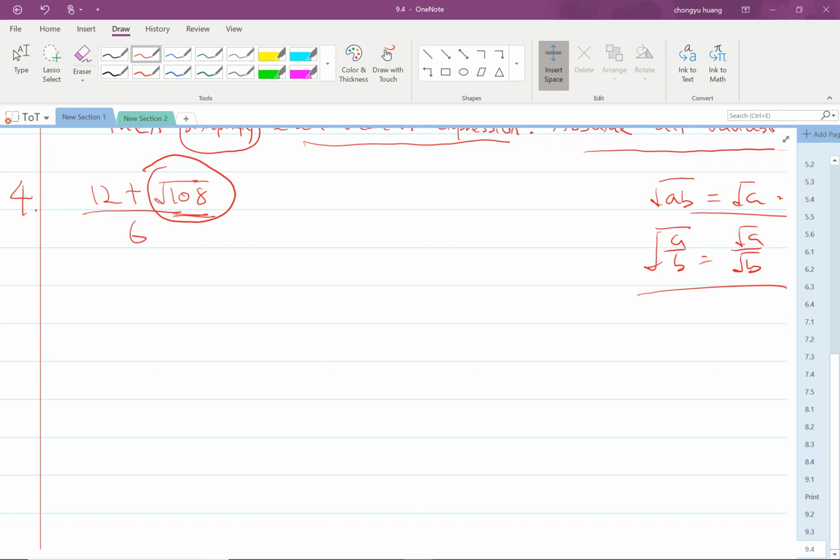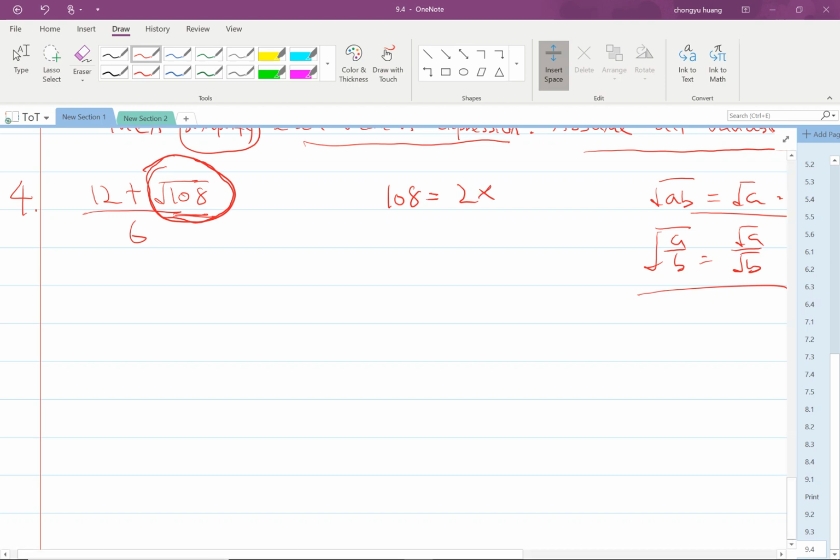So when you first examine this problem, the first thing you have to notice is that we have to simplify this square root of 108. Okay, so let me write it down. If you are not sure, you can use a calculator over here.